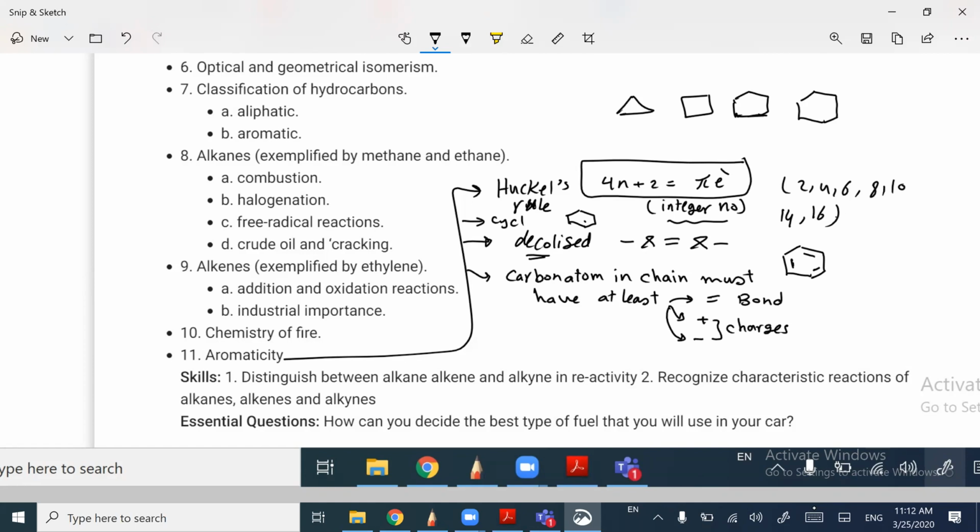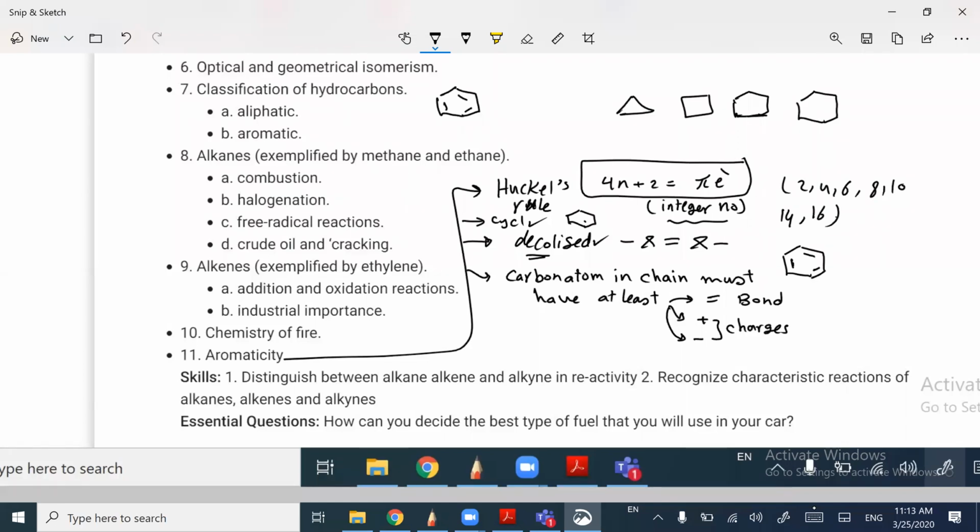Let's take an example. For this compound, benzene, is it aromatic or not? It is a cycle. If one of these rules is not satisfied, it will not be an aromatic compound. Cycle, delocalized: double, single, double, single.